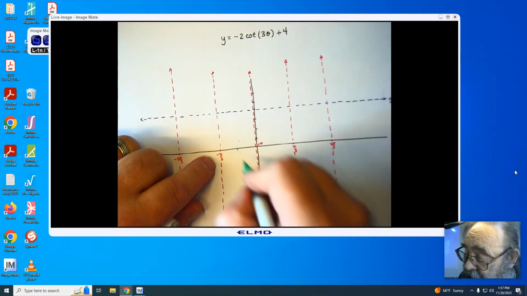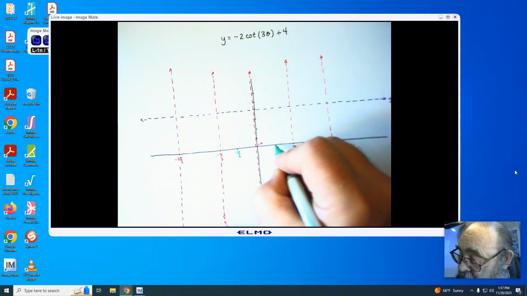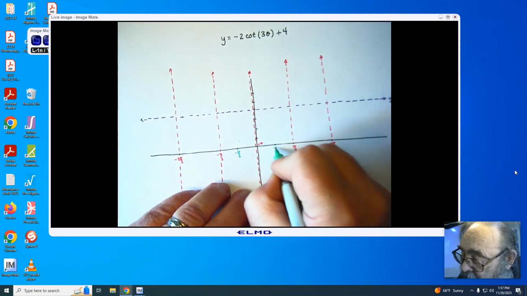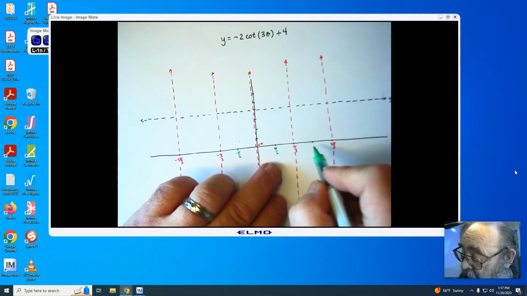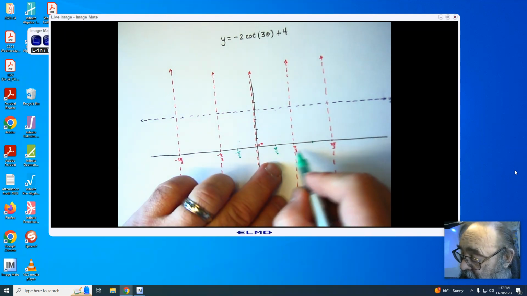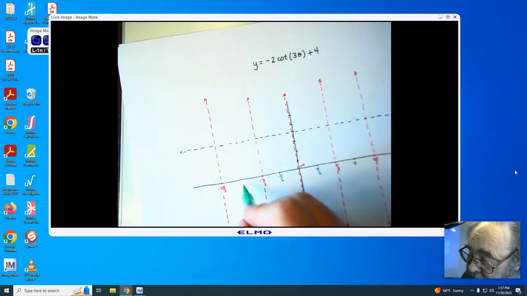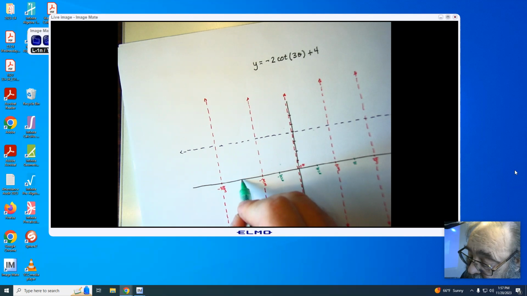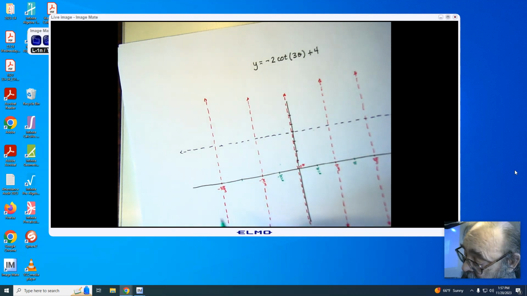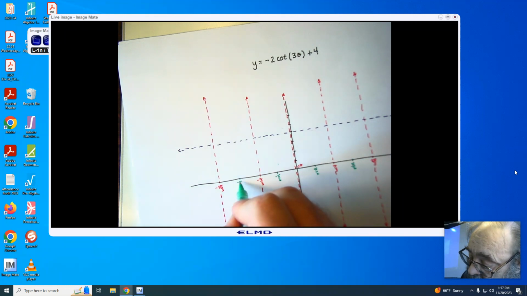Half of pi over 3, negative pi over 3 is negative pi over 6. Pi over 6. 2 pi over 6 is there, so 3 pi over 6 gives me pi over 2. 1 pi over 6, 2 pi over 6, negative 3 pi over 6 is negative pi over 2, excuse me. Negative pi over 2.